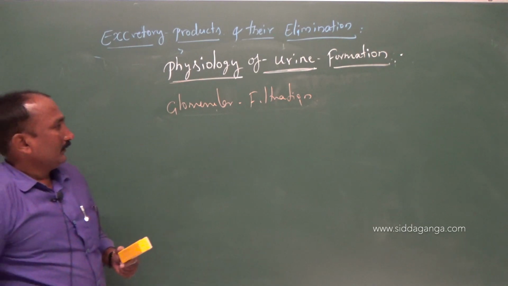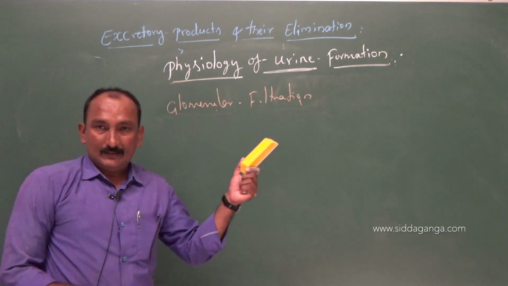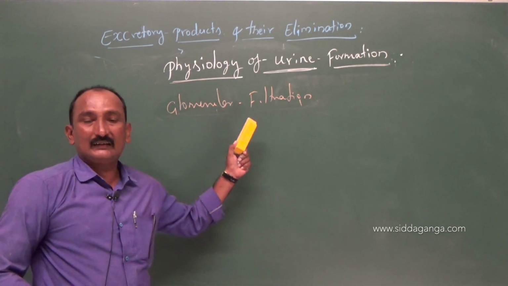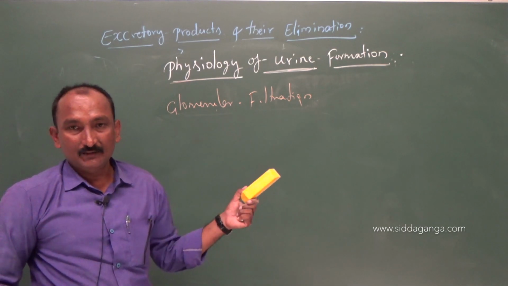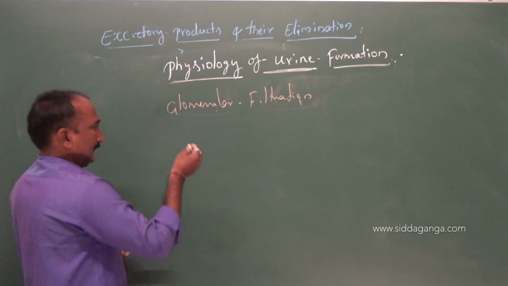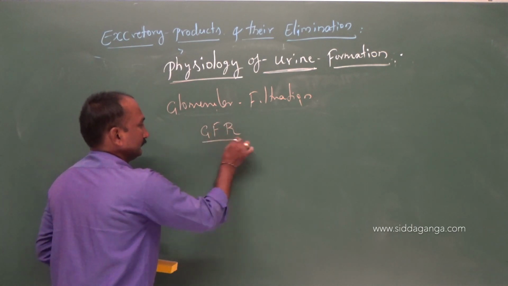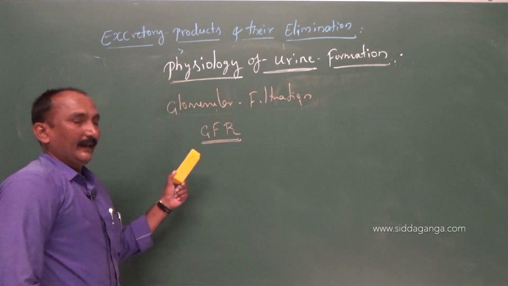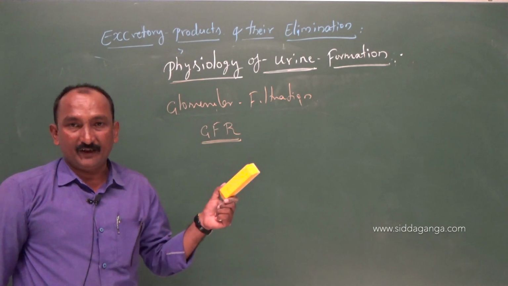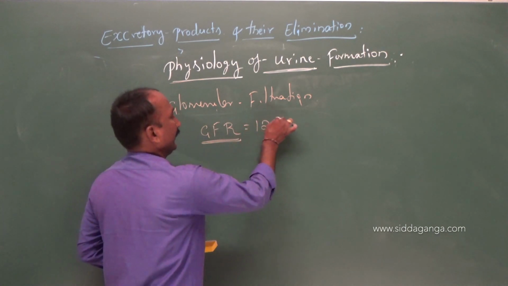Glomerular filtration occurs through the influence of three pressures, and it takes place through three layers, already studied. The amount of filtrate formed by the kidney per minute is called GFR, which is about 125 ml.